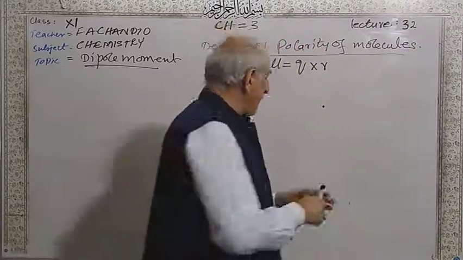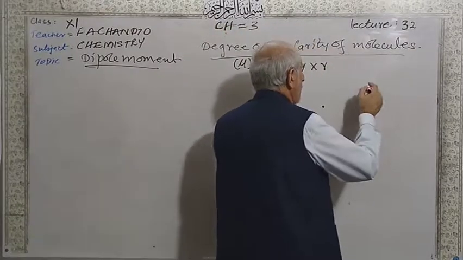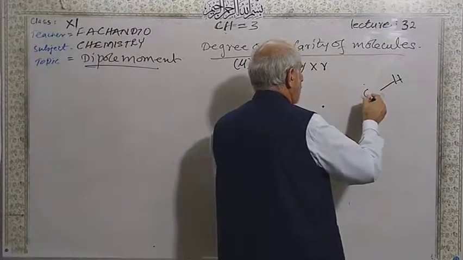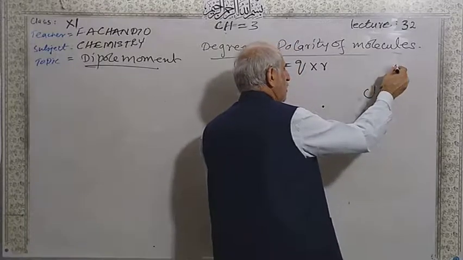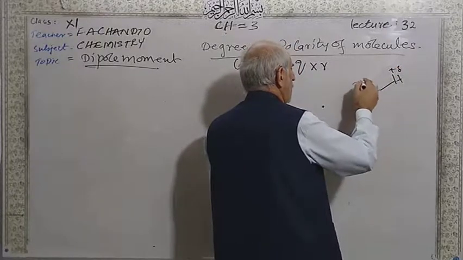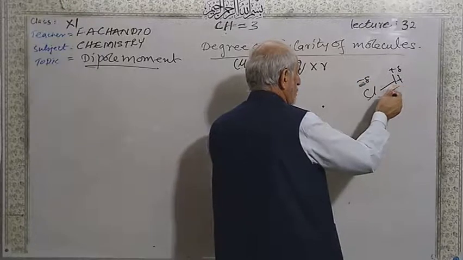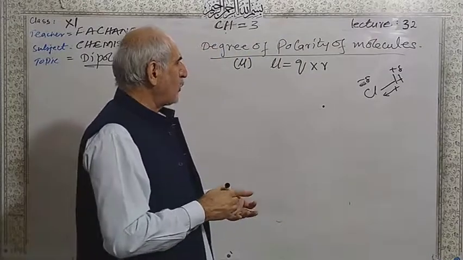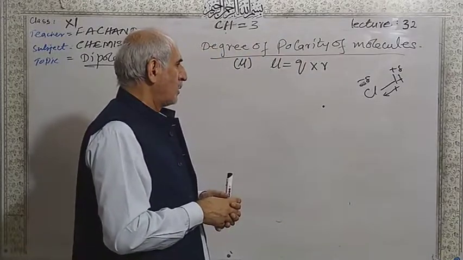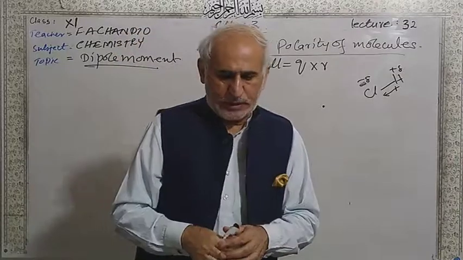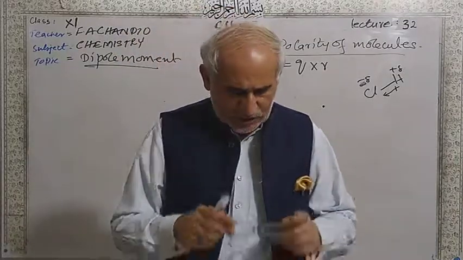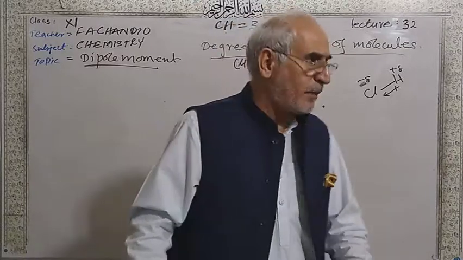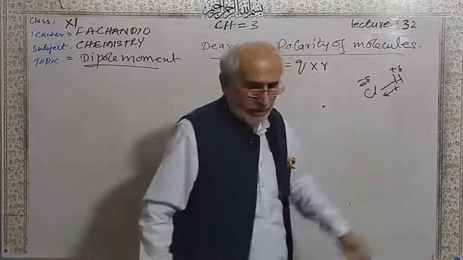Just like this is hydrogen and this is chlorine, a polar molecule, with partial positive charge and partial negative charge. So this is the dipole moment direction. Electrons are moved towards the negative side. It is a vector quantity, it has a direction. R is the distance between two bonded atoms.